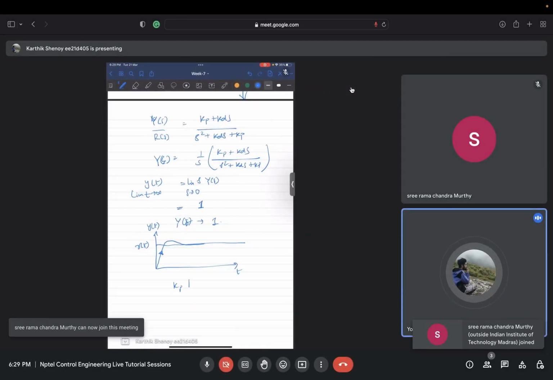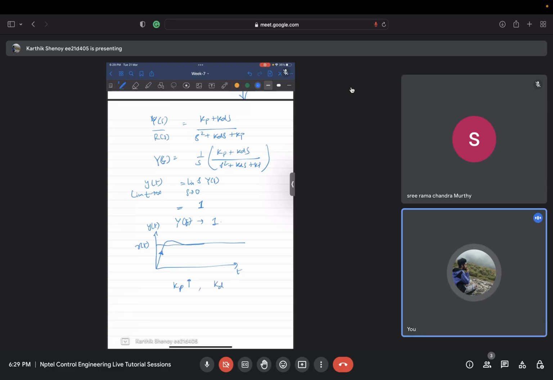So I can control the speed of response by increasing Kp, and decrease the oscillations by increasing Kd. So this will increase response speed, this will decrease oscillations, though it will make the system slower.